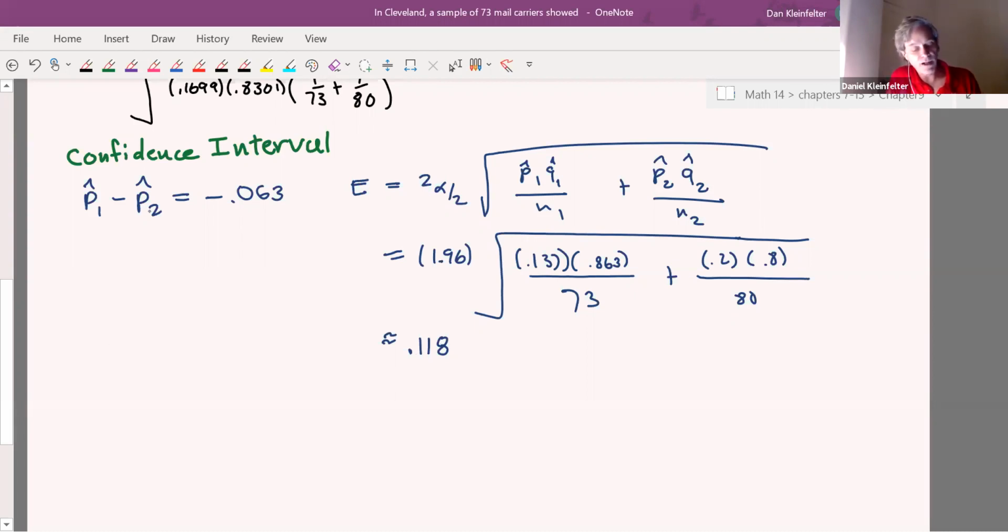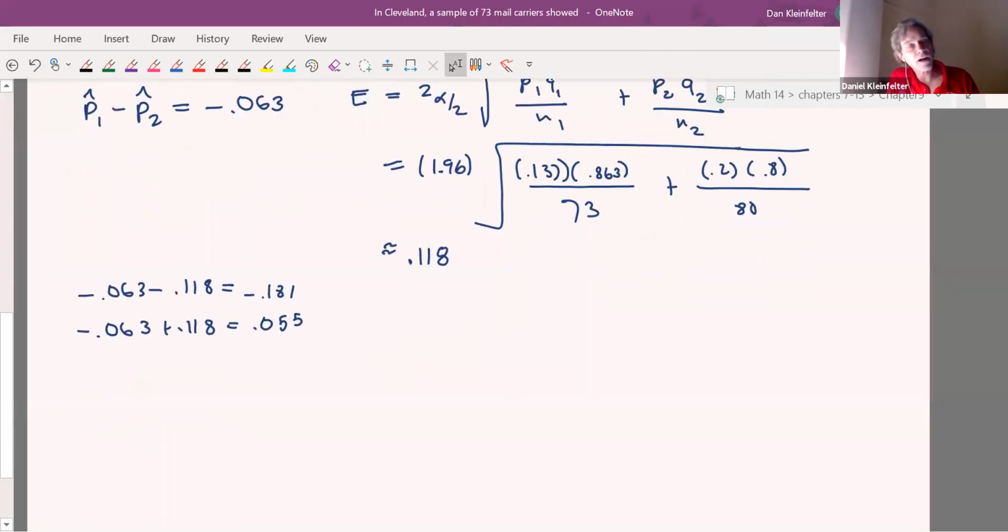So then if we take our negative 0.063, the difference of the two sample proportions, and subtract the 0.118, we'll get negative 0.181. And then if we add the 0.118, we'll end up with 0.055.